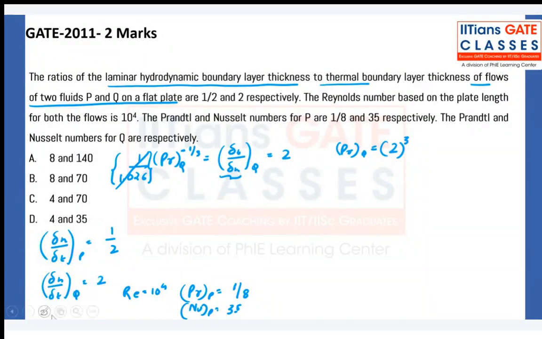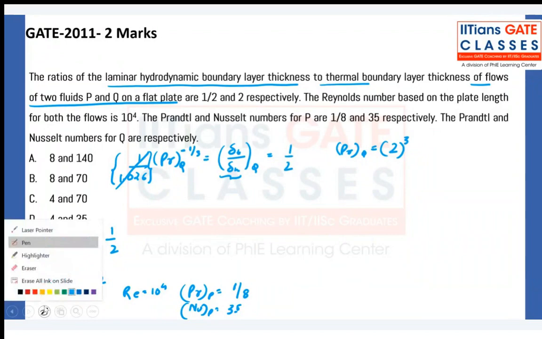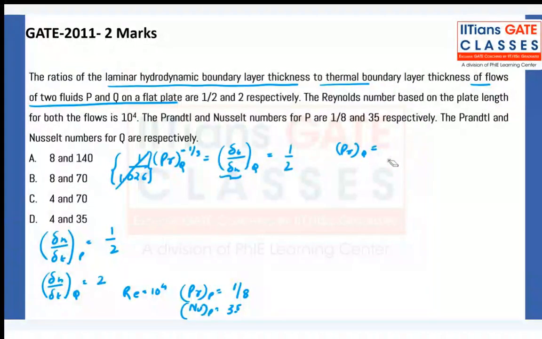So the Prandtl number now is equal to 1 by 2 to the power minus 3, isn't it? And if I replace this minus, I can write 2P is equal to 8. Okay? Is it clear?